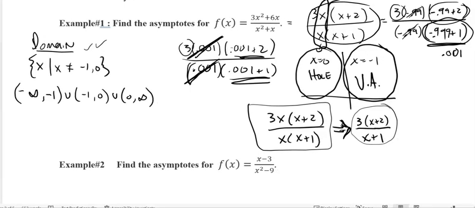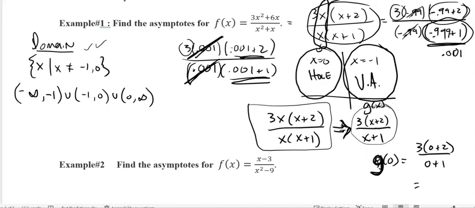I want to plug in f of 0, but I can't plug in f of 0 because I divide by 0. But I can call this a different function if I want. I don't want to call it f because it's not really f, but it's really close to f. And I can plug it into my simplified version, and that's how I'll get the output for the hole if I need to graph it.